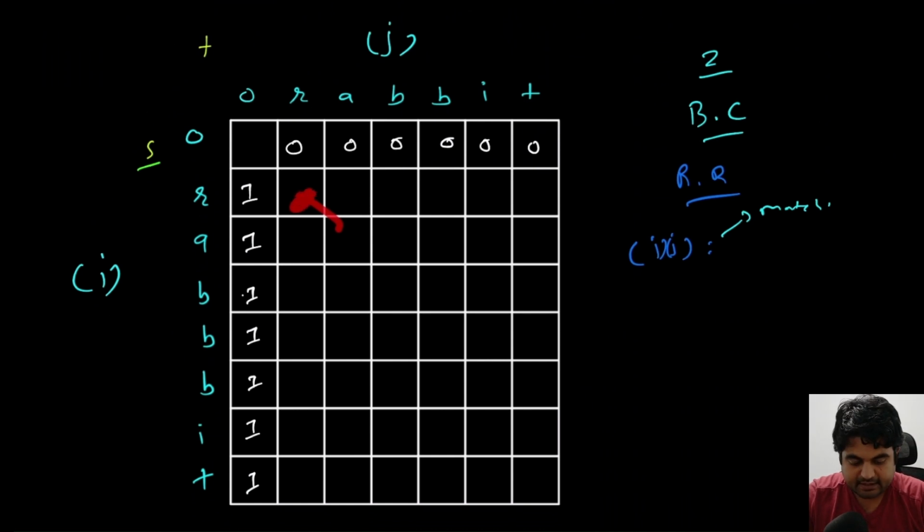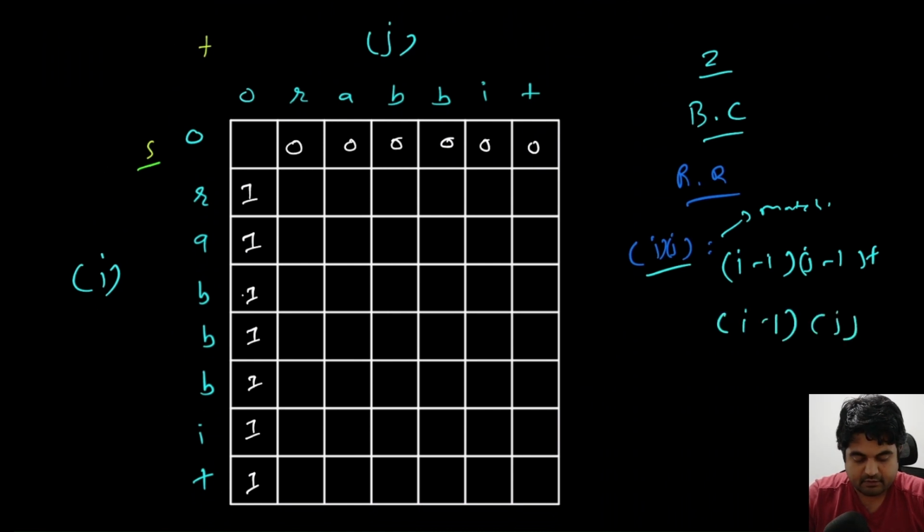For i and j, if they match, the diagonal would be i minus 1 and j minus 1, plus what the previous subsequence count has been with respect to S, which would be the value at i minus 1 and the current jth value. We'll have to do the sum of both of these two values.